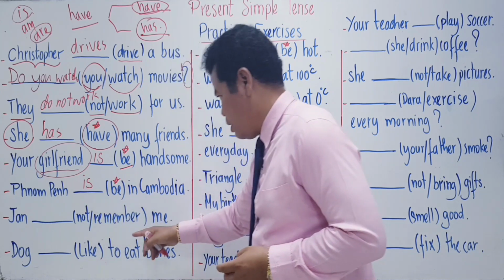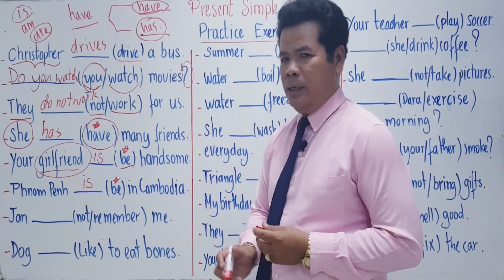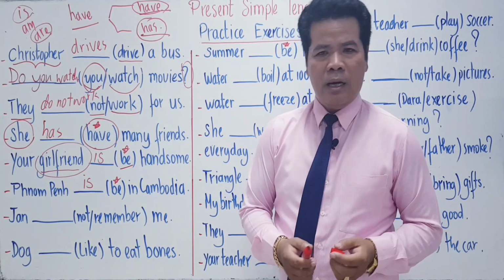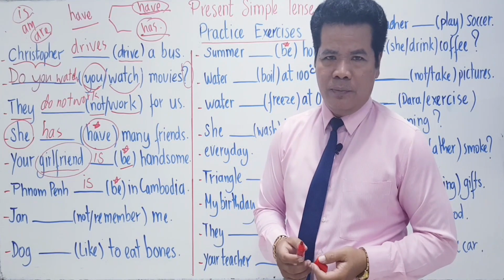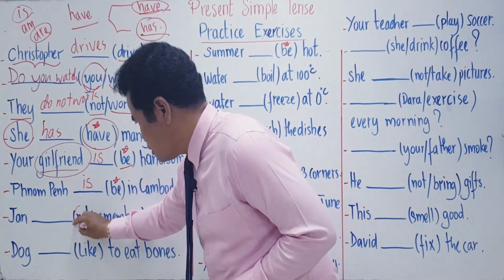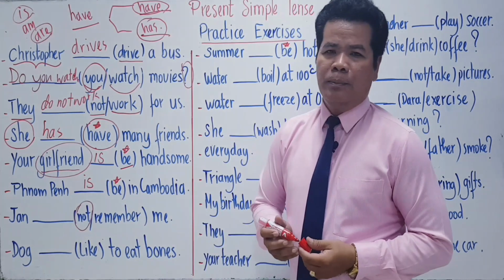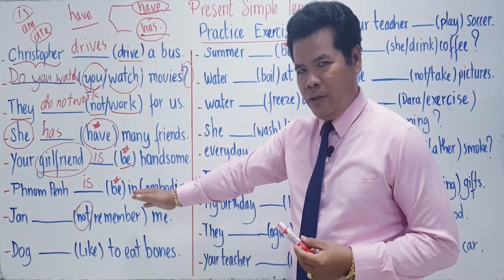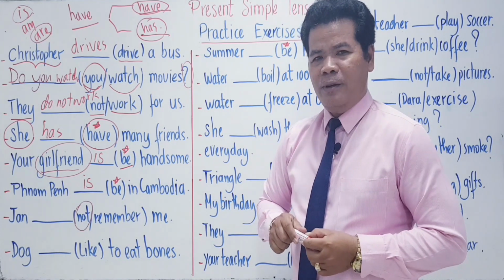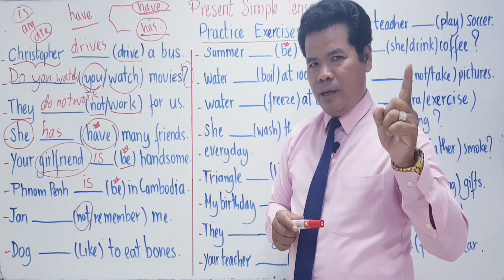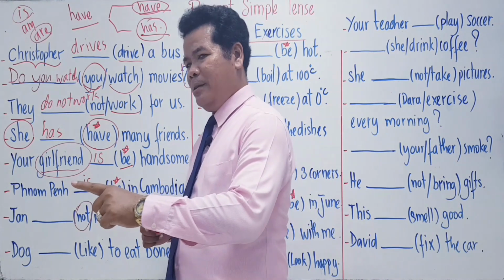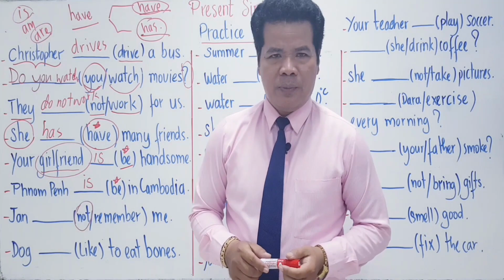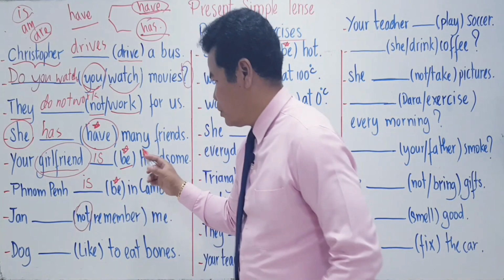Jane, okay, in the bracket, not remember me. Is it a positive? Is it a question or is it a negative? It's absolutely a negative one. So when you see the negative word, you have to think about the form of negative. Okay? Subject plus do not, or subject plus does not, plus verb. Now let's go.